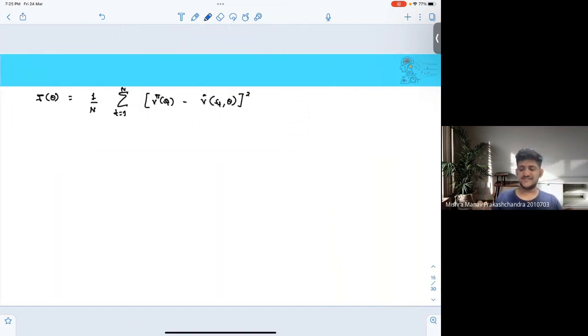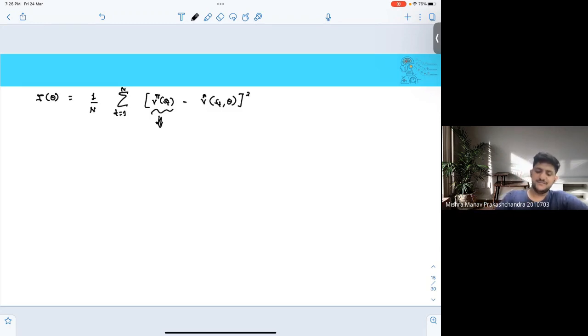So all this method is fine, but the biggest issue is that we don't have v pi, right? I mean, if I have v pi, then why do I need to estimate v hat of pi? The only reason we do that is so that we don't need a value function based method. We are trying to move away from that so that our approach is more generalized in nature, right? So this v pi of s_t, we don't have the exact value, so we need to do some sort of estimation here, right?